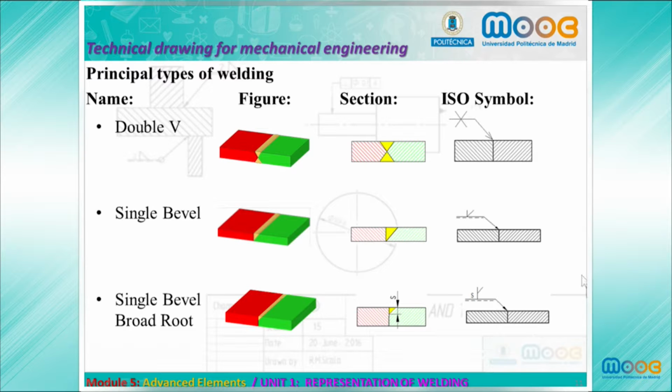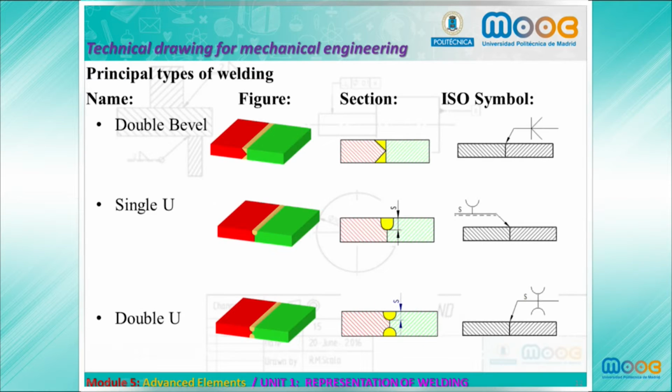Single bevel broad root, partial penetration, double bevel, asymmetric full penetration, and others like U and W with the characteristics that we can see in the figures.